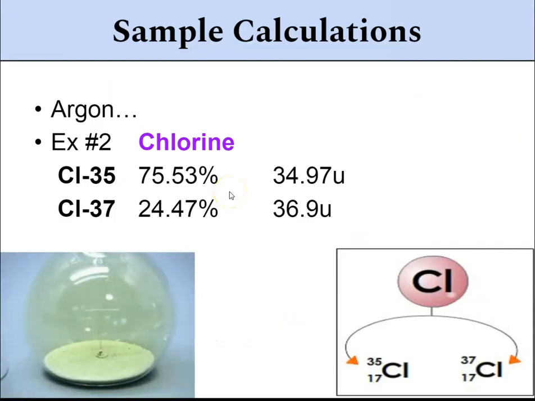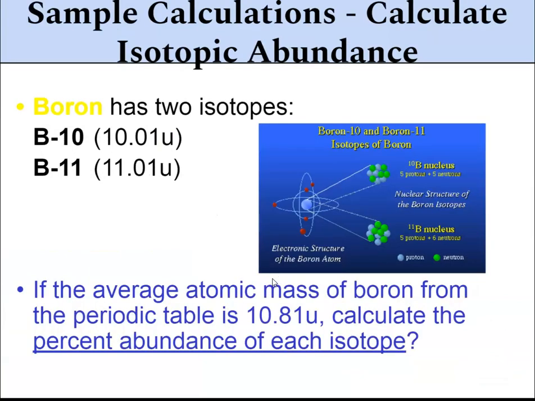So you could practice some sample calculations here. Maybe take a little bit of time. There are 2 main isotopes of chlorine on the board here. If you want to, just pause the video and take a moment to figure out what the average atomic mass is for chlorine, and then you can check it with the periodic table. This is the wonderful chlorine on the left here, very, very poisonous.